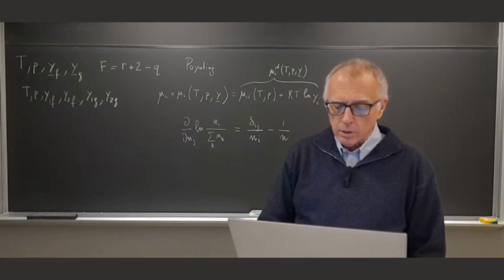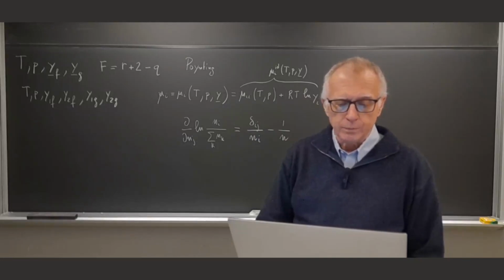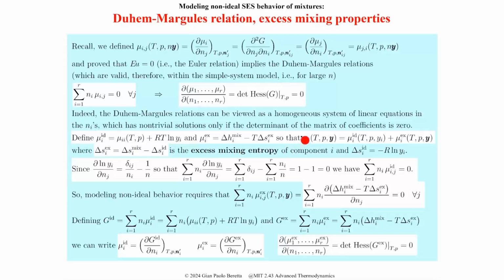And if you remember now, we're going to decide to write the actual chemical potential as a sum of the ideal plus excess.